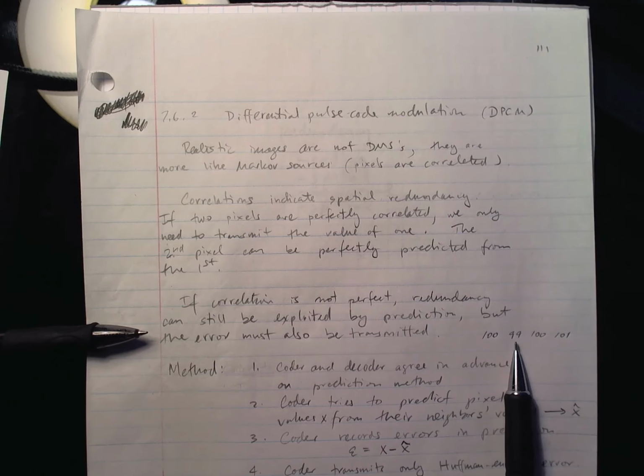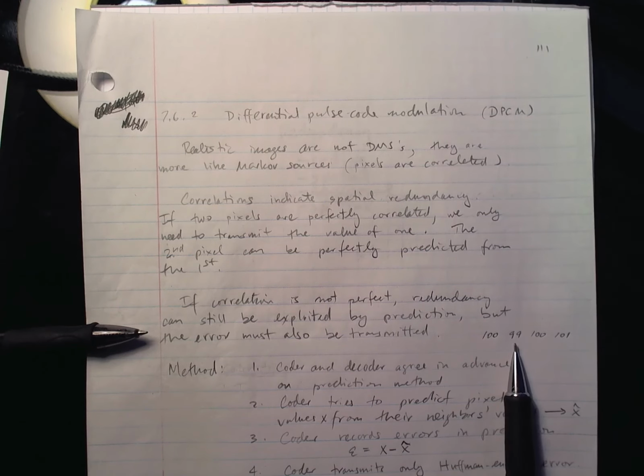So in order for me, the sender, the transmitter, to give you a perfectly accurate representation, I would have to tell you that if you guess that this is 100, you will be one too high, because 100 minus 99 is 1.